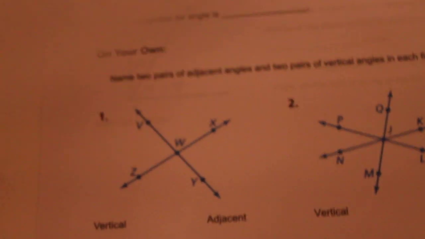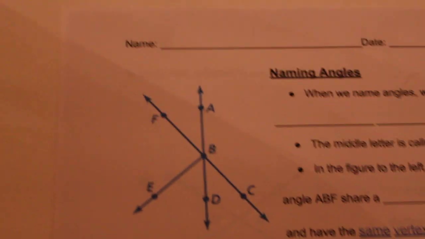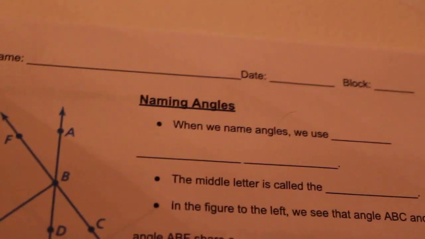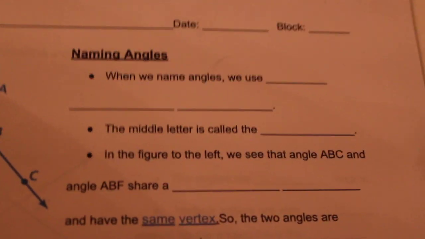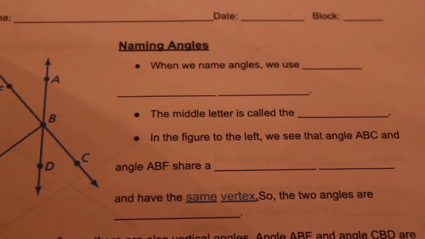Now I would like you to flip your page. We're going to practice naming angles. We talked about that a little bit yesterday, but today we're going to write it down and put it on paper. We talked about it during our activities though. So when we name angles, we use 3 capital letters.